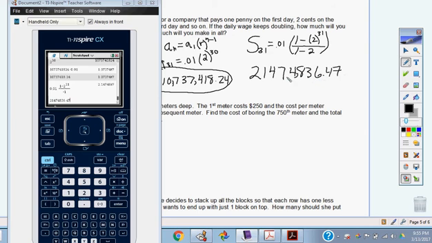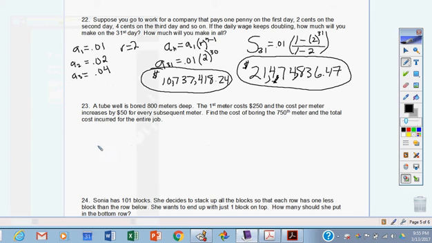So 3 decimals. I put that on the wrong spot. So 3 decimals, and it comes out to 21,474,800, and a lot of money. Okay, so that's how you do that problem.